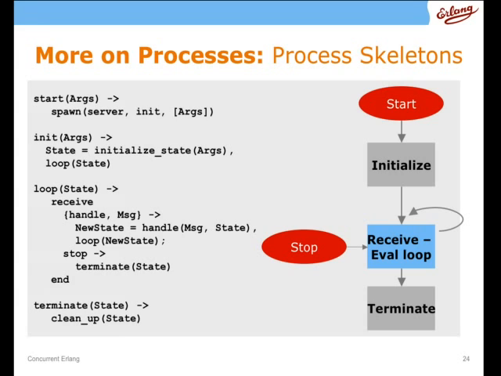What we did when we terminated was simply send a stopped message back to the process that had created us. So this pattern of doing some initialization and then sitting in a receive eval loop until you receive a message to stop, at which point you terminate gracefully, is a very general pattern for how processes in Erlang tend to look.